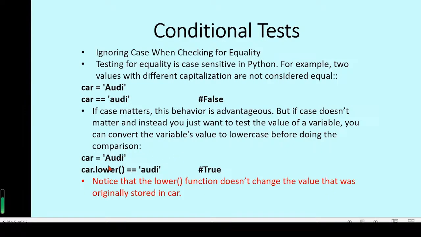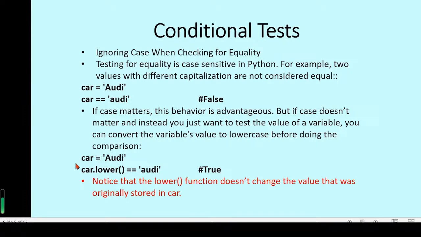So we again assign the value Audi in title form to car. Then we check the condition if the value is equal to audi in lowercase, but before we use the double equal sign, we add car.lower() to transform the car's case to lowercase before we do the condition test. Notice that the lower function doesn't change the value that was originally stored in car, so the car's value is still Audi.